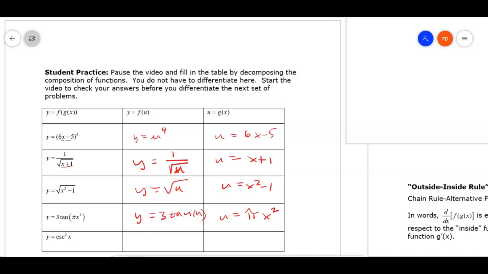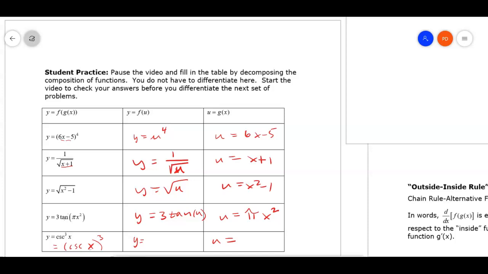Cosecant, I am going to strongly recommend this: I want you to rewrite all of these problems. What this means is cosecant of x cubed. I am going to suggest that every time you have this exponent right next to the trig function, you rewrite the problem first.